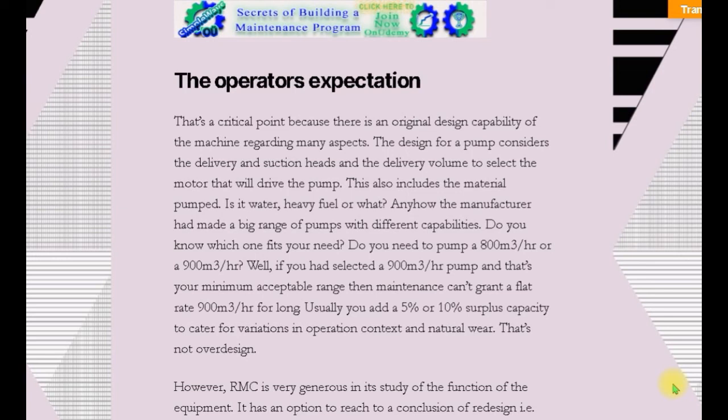But actually, the pumps available are designed for a maximum capacity of 900 meter cube, which cannot be sustained continuously for a long time. That's why usually we need to design our equipment to have a surplus capacity of 5% or 10%. So it gives us a time between maintenance and maintenance. So we have a time between maintenance till it drops from 900. So I purchase it for 1000 or 1100 meter cube delivery.